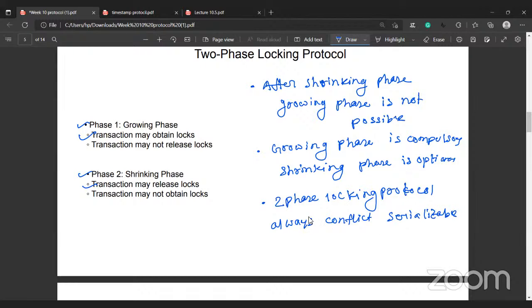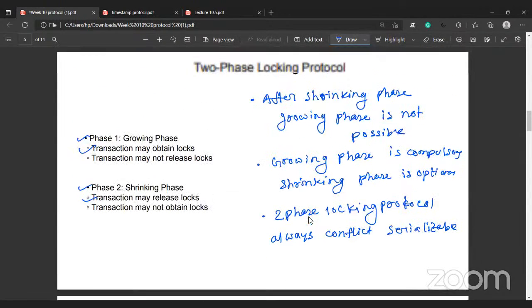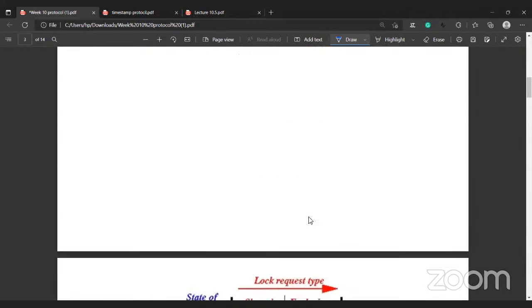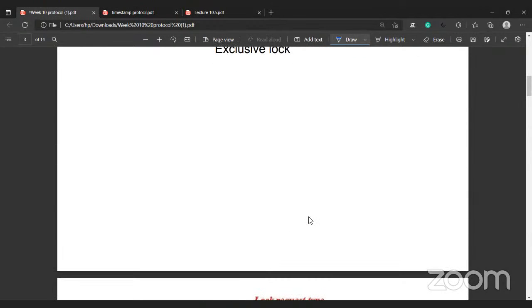So let me give one example, you will understand. Let me give another example here, right? Suppose there are transactions T1 and T2.